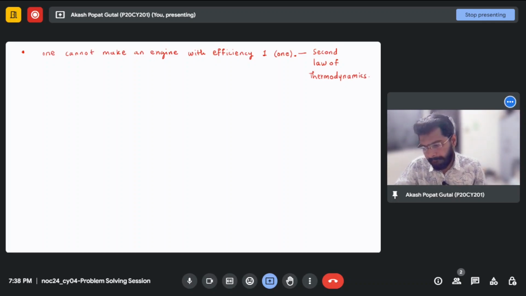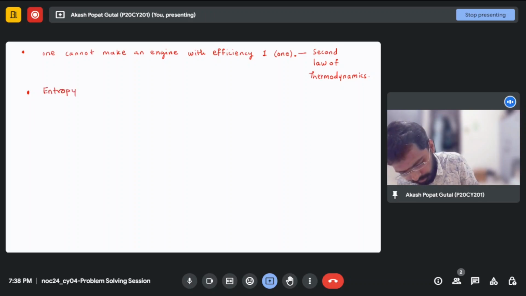Fine. And what we defined was the entropy, the most important concept that the second law of thermodynamics gives.